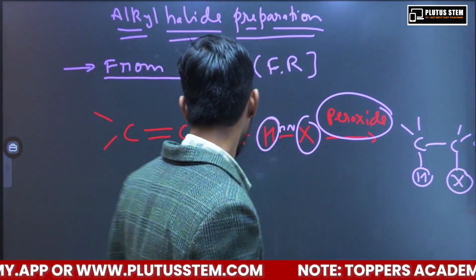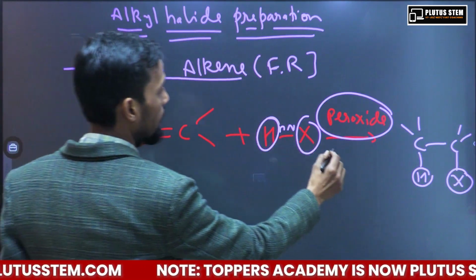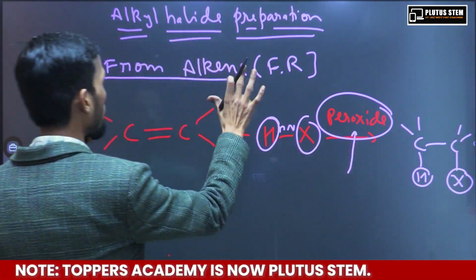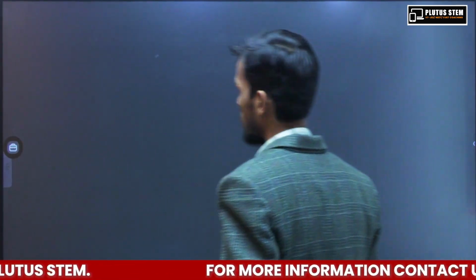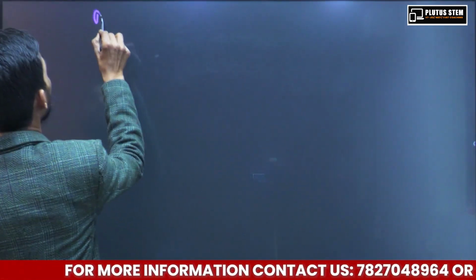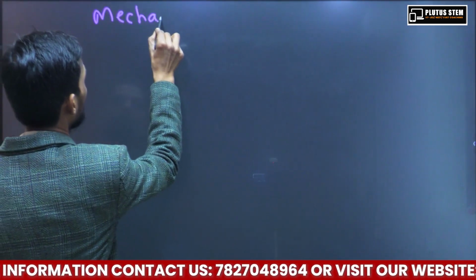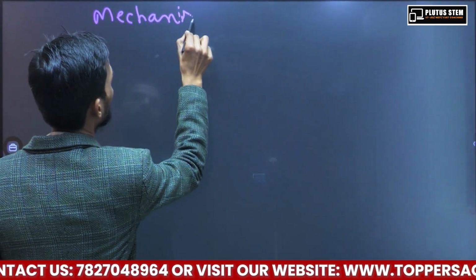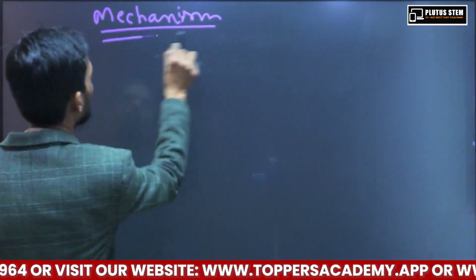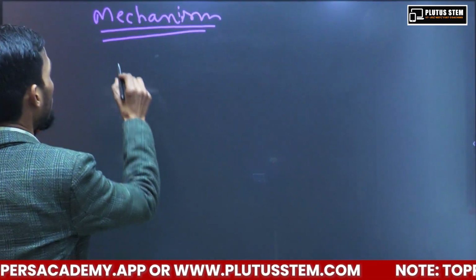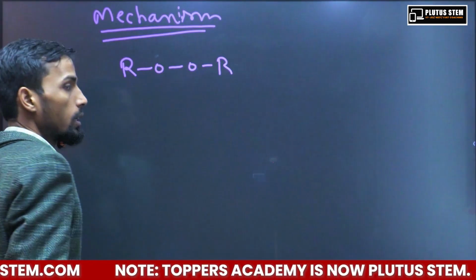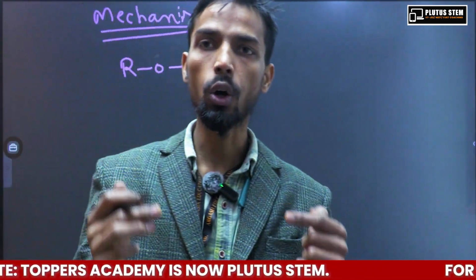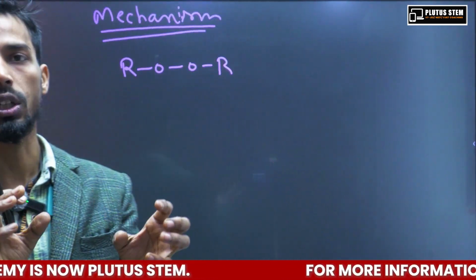So the first thing is that this type of mechanism which I am going to discuss will be in the presence of peroxide. The whole mechanism of this reaction is going to be a bit like this: we are using a peroxide, which means there is going to be a peroxide bond, an oxygen-oxygen bond.